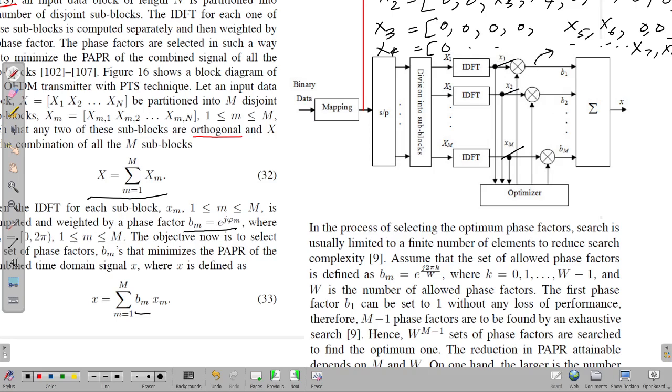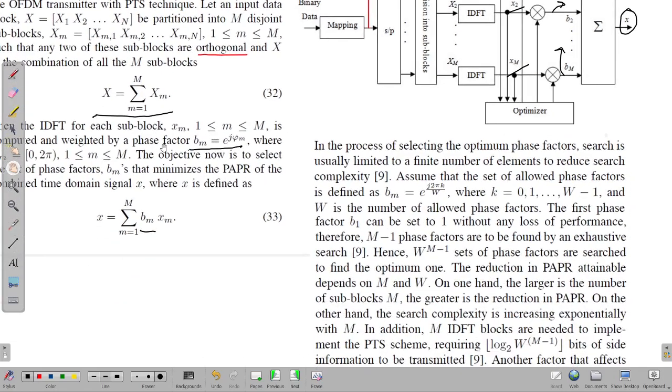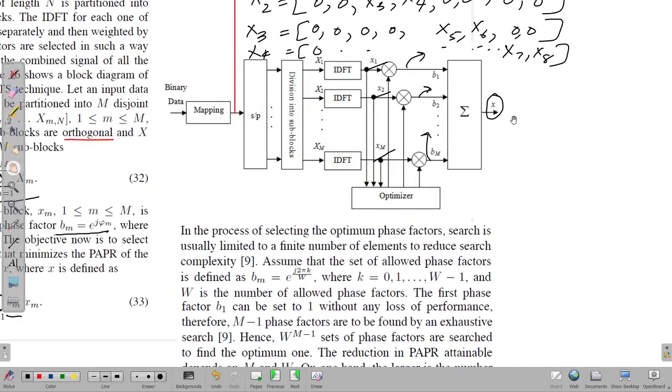So here you will have x1 multiplied by b1, here you have x2 multiplied by b2, here you have xm multiplied by bm, and the addition of all this will give you the signal x, which is getting transmitted. X is getting transmitted. And will x have a low PAPR value?